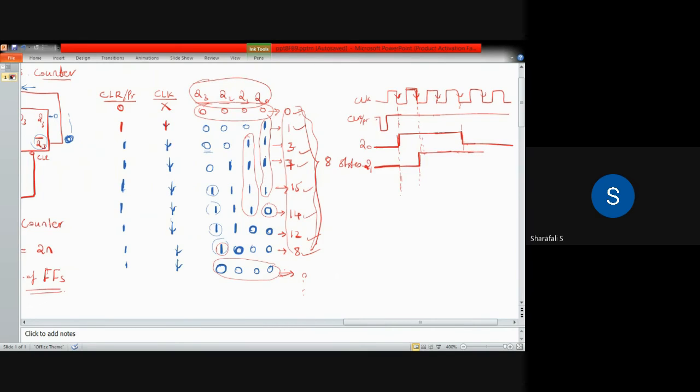So 1, 2, 3. So this is up to 3, and up to this it will be 1. Then it becomes 0.